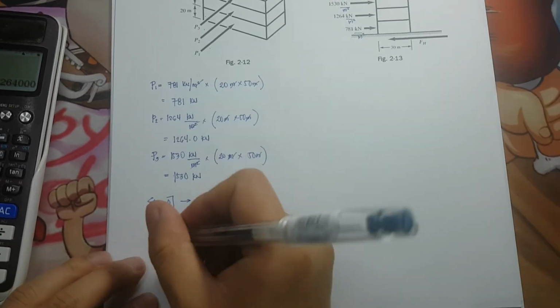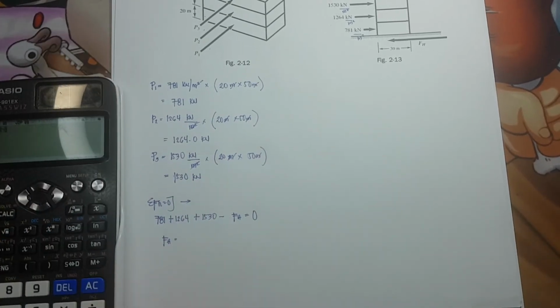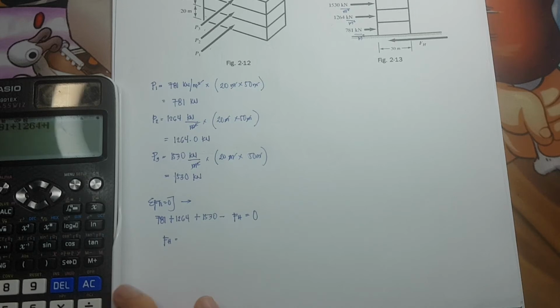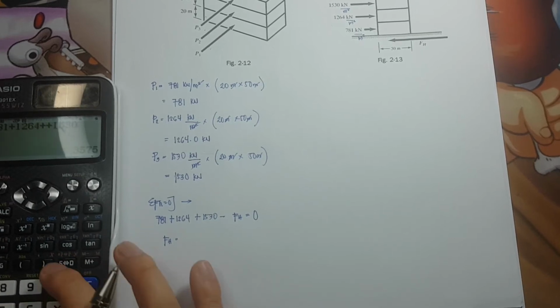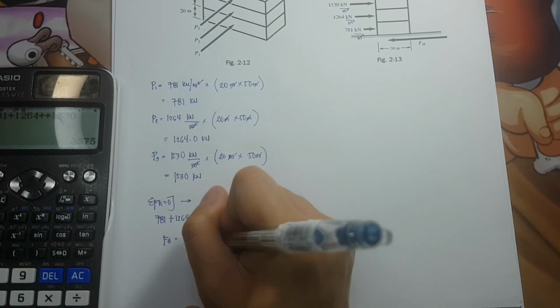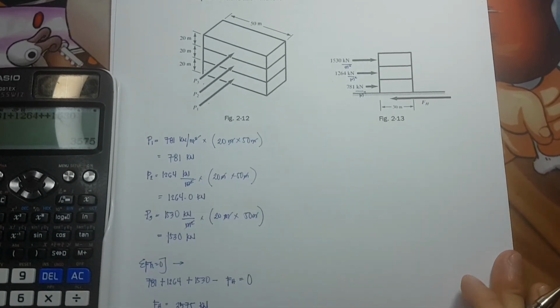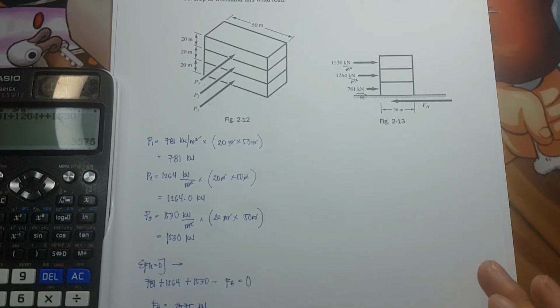Therefore, FH is equivalent to 781 plus 1,264 plus 1,530, which is equivalent to 3,575 kilonewtons. Now, what would be the shear that should be withstood?